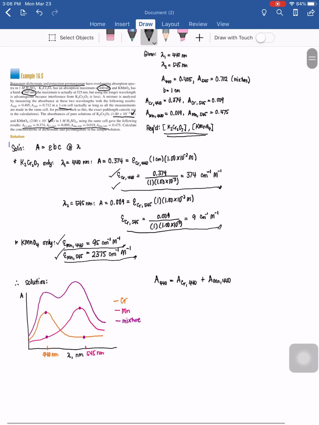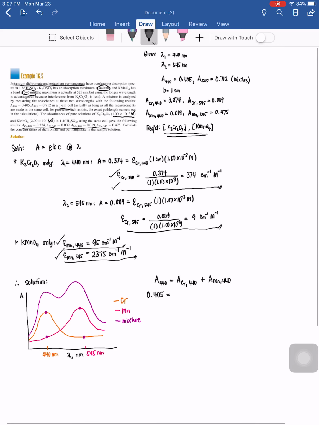So when I plug this in, for our mixture, I have the following. At 440 nanometers, the absorbance of our solution is 0.405.